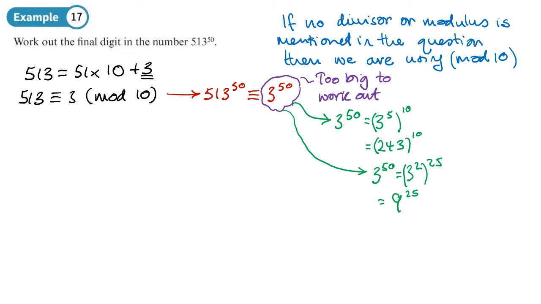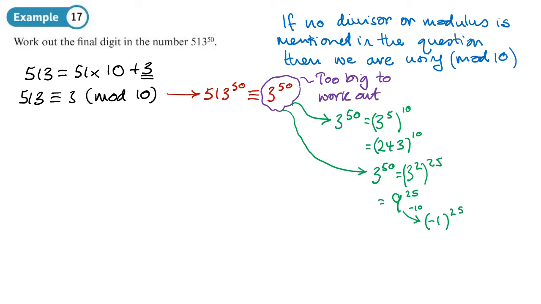Now 9 written in modulus 10 is congruent to -1, isn't it? If I take 10 away from that, I get -1. And I can do -1 to the power 25. By doing it the other way, the problem was I can't find a congruent number that's small enough to work out to the power 10. But this way I can.